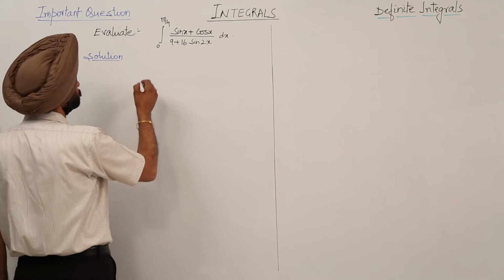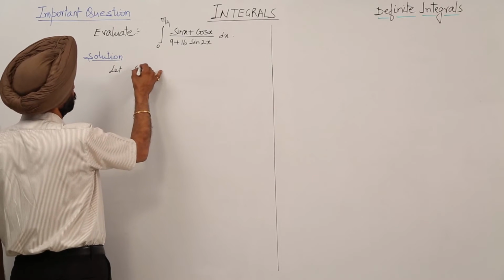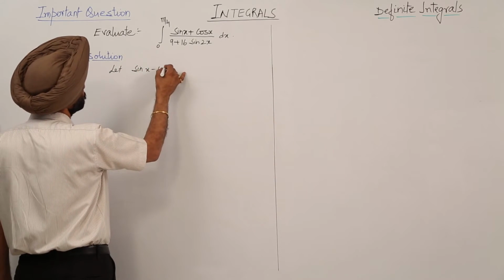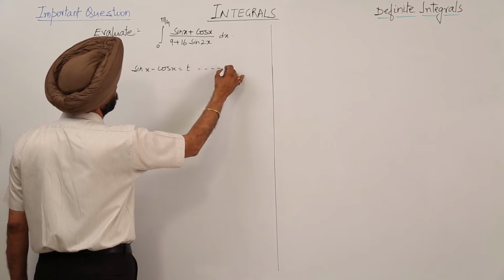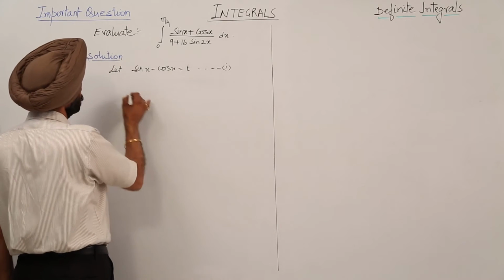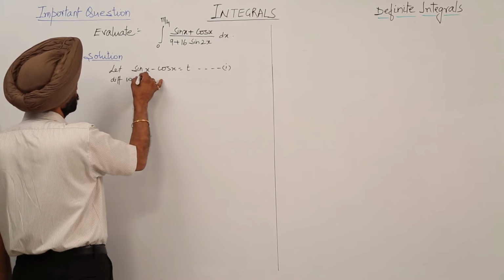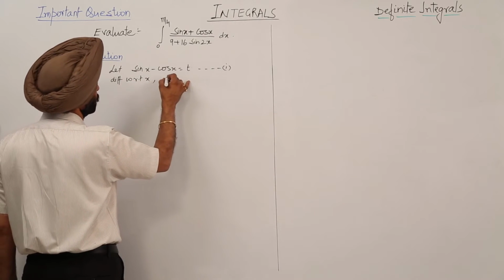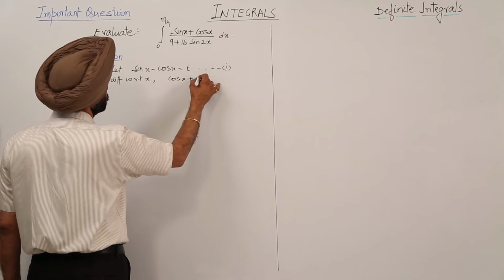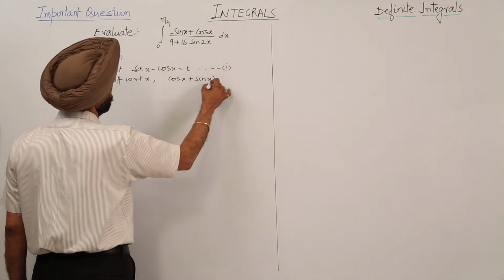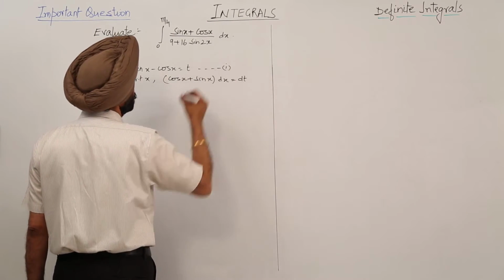In this question, let's assume that sin x minus cos x is equal to t, and let this be number 1. Now, differentiating with respect to x, (cos x plus sin x) dx is equal to dt.